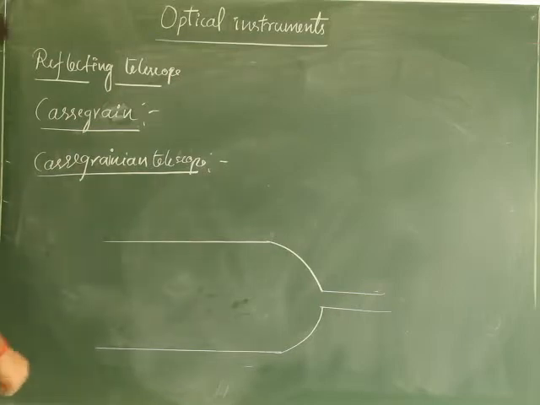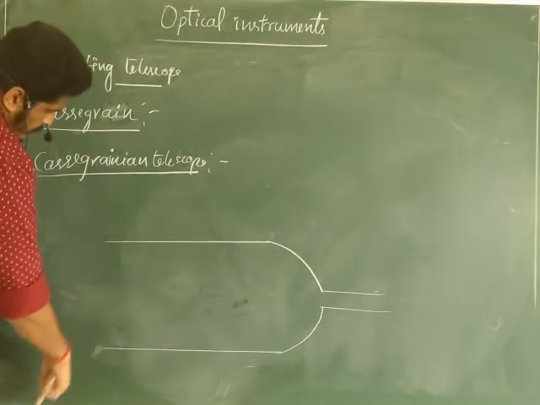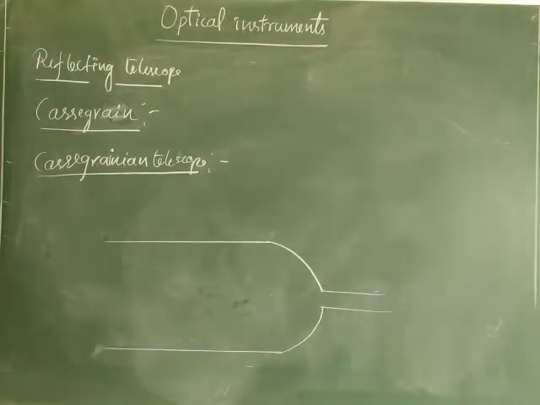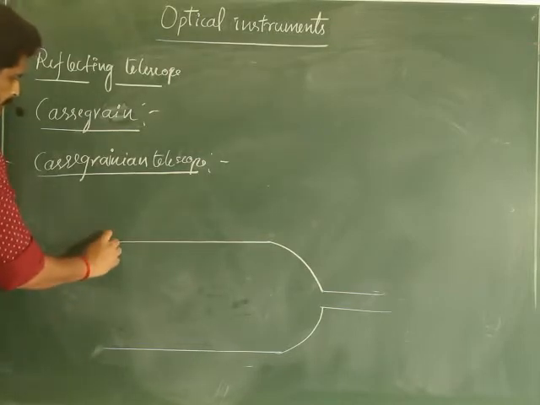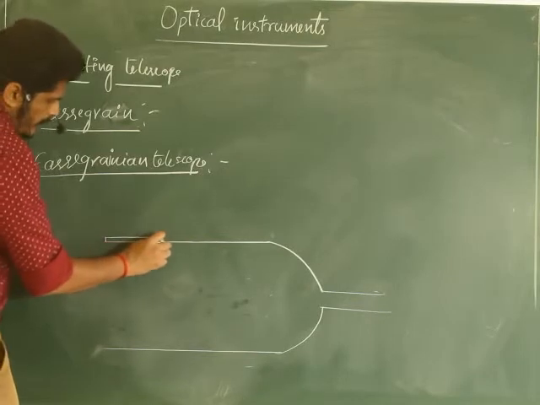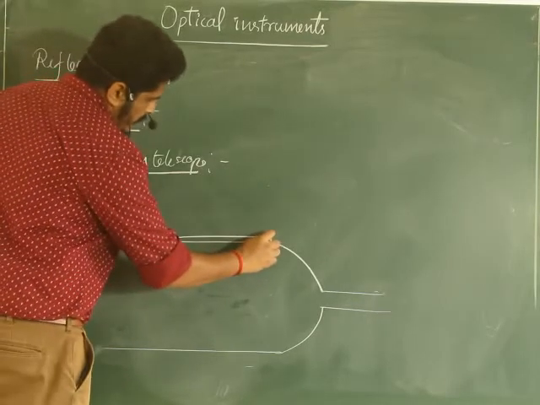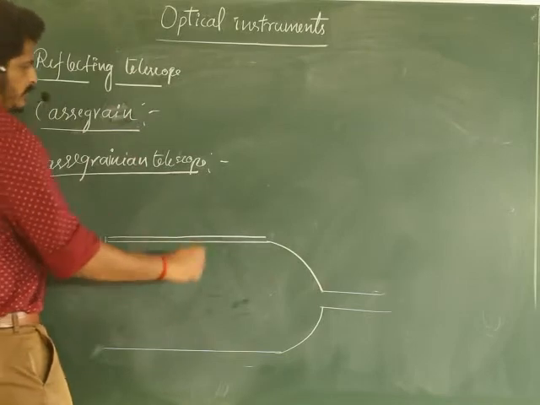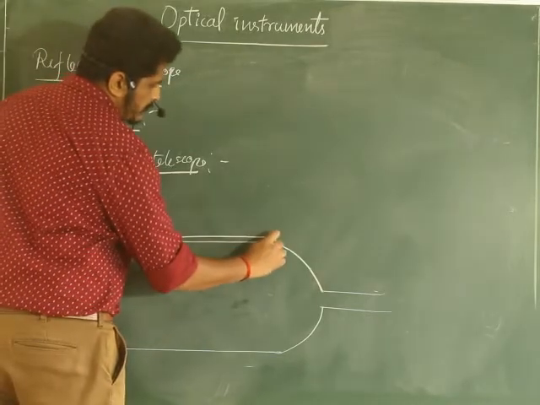Next, this particular telescope is completely silver oxide coated from the outside, so that everything inside will be reflecting, correct? That is why.